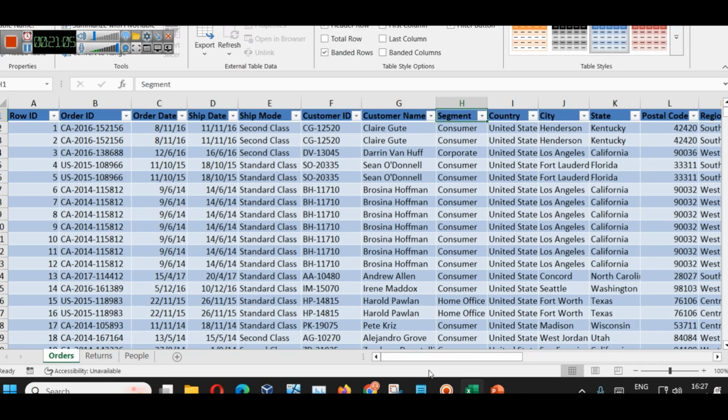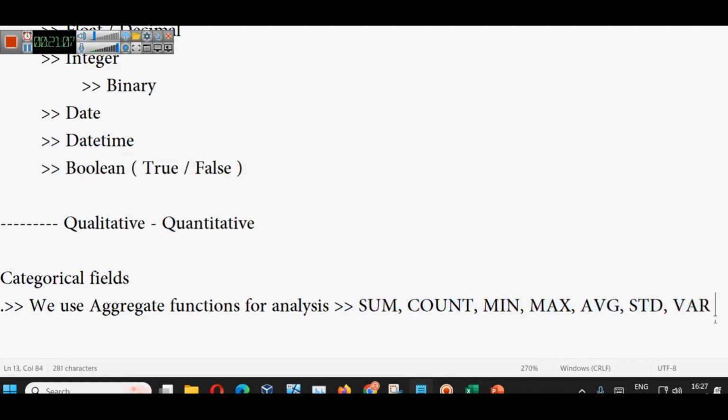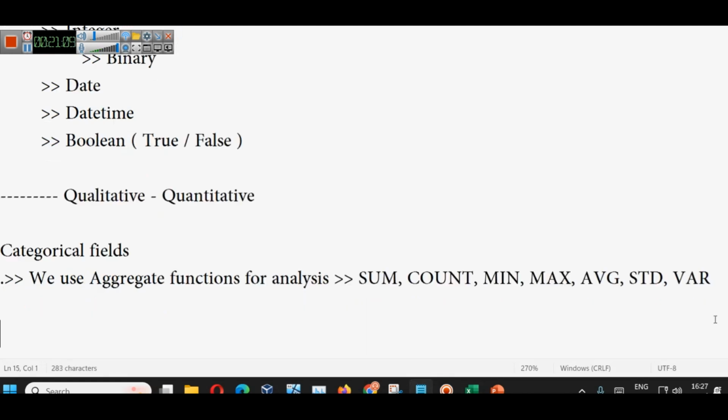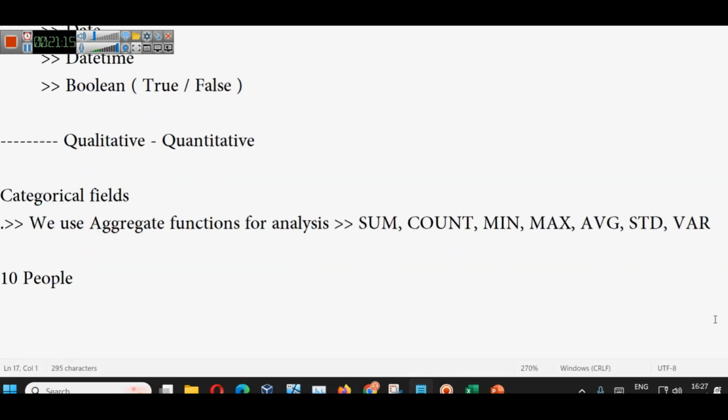Let me ask you a simple question. Let's say I am doing a survey and I take a sample of 10 people, and I ask them, what is your highest qualification? There are only a few options which they can tell, right?